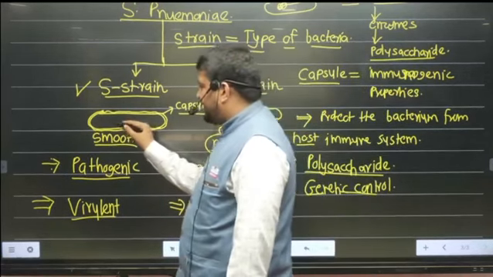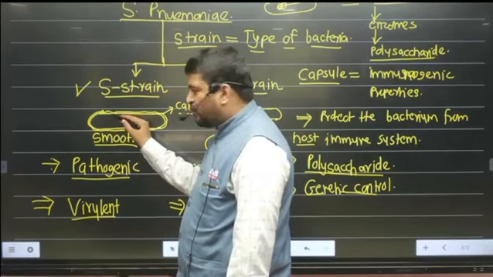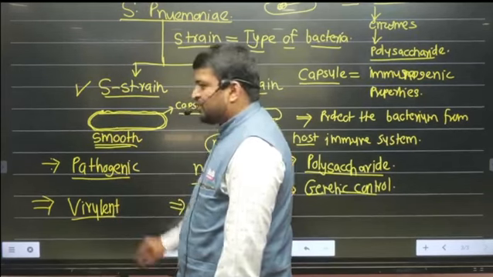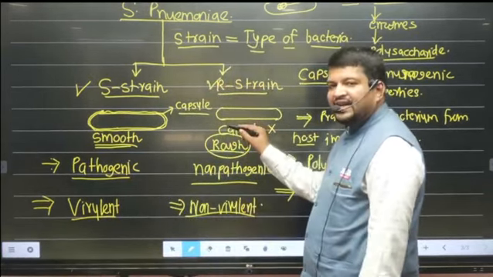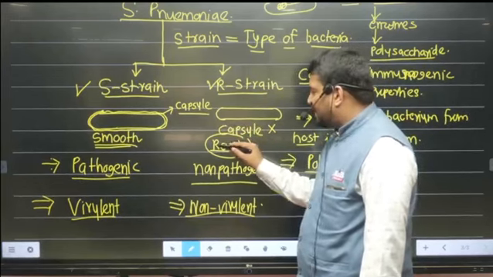The S strain shows the presence of the capsule around the cell wall. Therefore, the appearance of this strain is smooth. The R strain does not show the presence of the capsule.